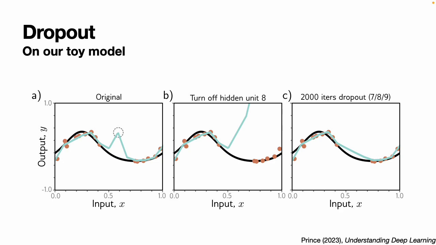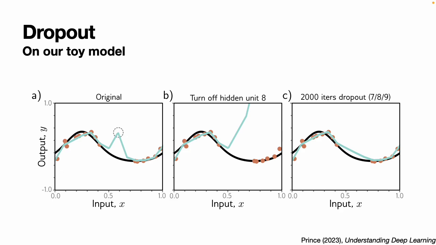What I'm trying to do is eliminate that noisy bit here, that jump. If I do this lots of times, then eventually I find it's a good idea to turn off this bit and this bit here. So I do lots of iterations, randomly turn off bits of this model, and then eventually I find it allows me to fit this stuff over here well. It has this regularizing effect.